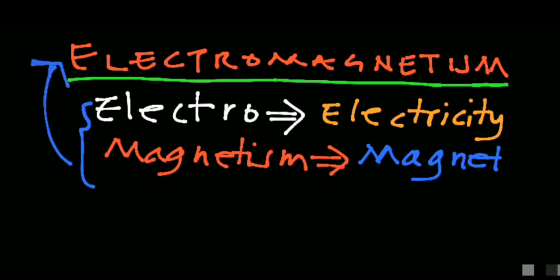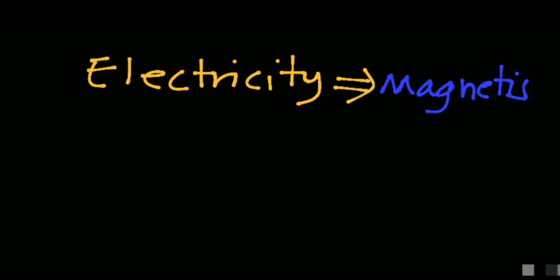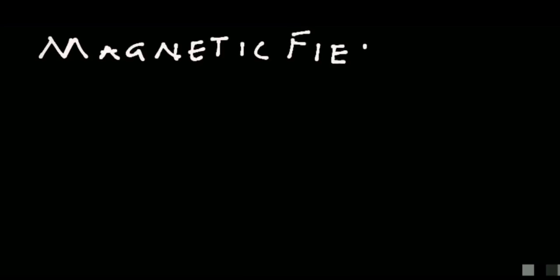So the two join to form electromagnetism. So two kinds of energy. Here we are talking about electricity creating magnetism and magnetism creating electricity. That's why we can create electricity from magnetism, and magnetism can be created from electricity.